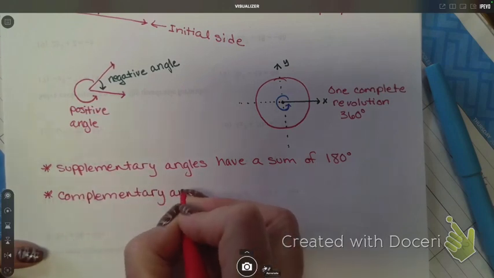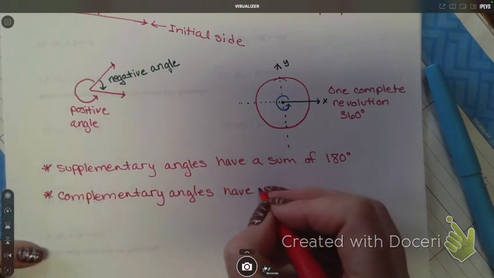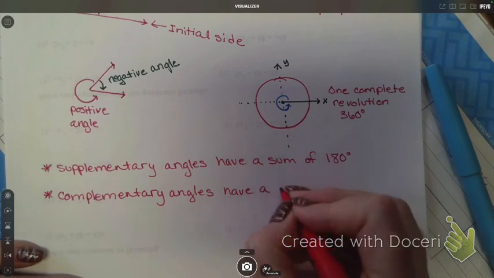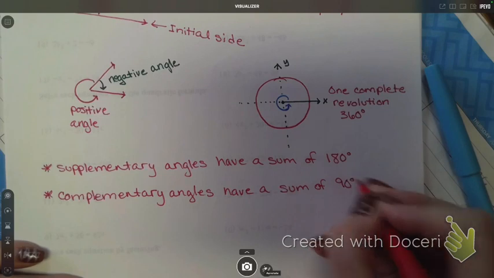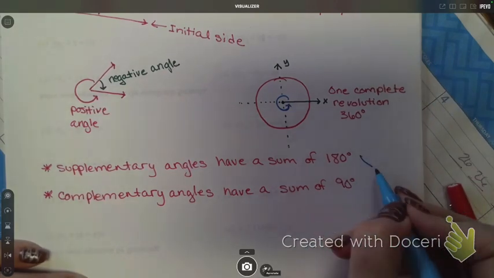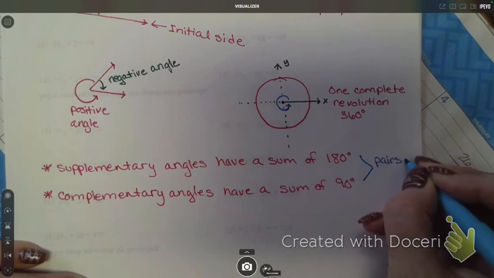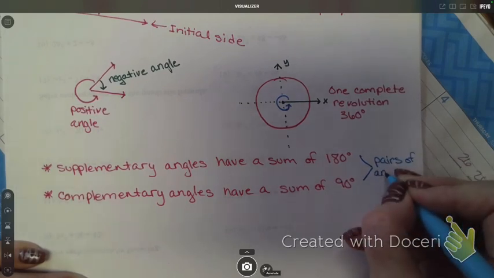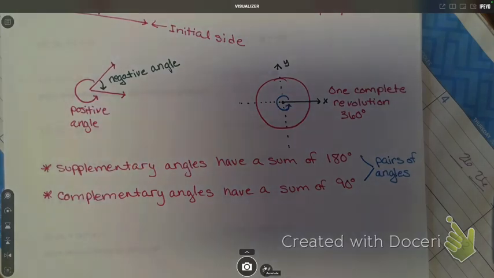And complementary angles have the sum of 90. And these are pairs of angles. So how many angles is that? 2. So you don't name 3 angles as being complementary. Does that make sense? Yeah.